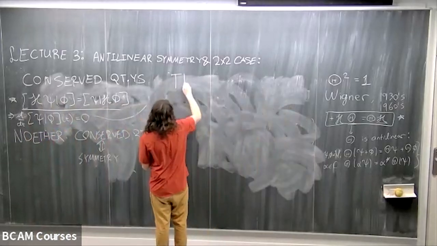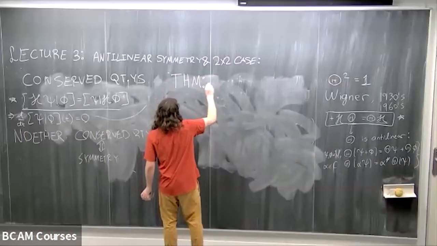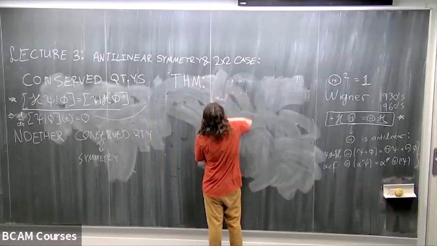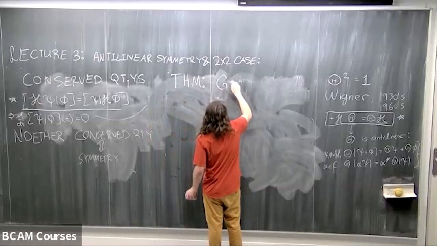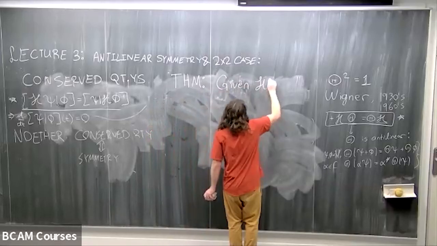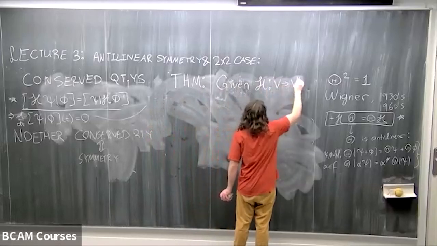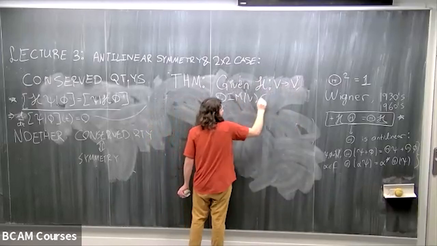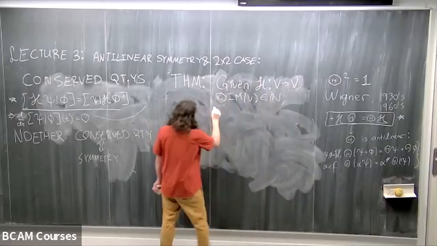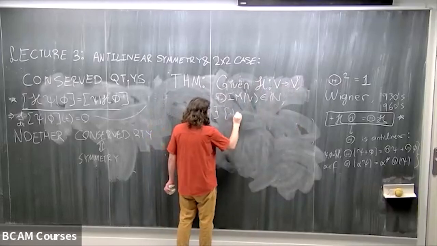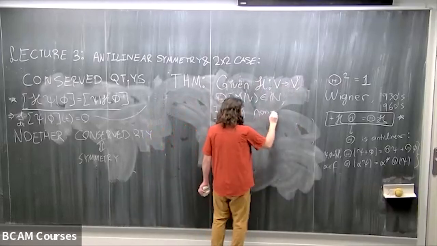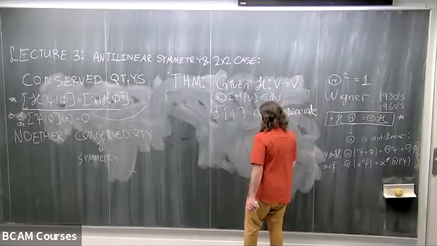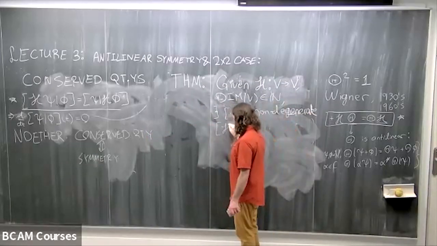A theorem. There exists, let's say given H, which acts on a finite dimensional vector space, we say there exists a non-degenerate inner product such that H is self-adjoint.